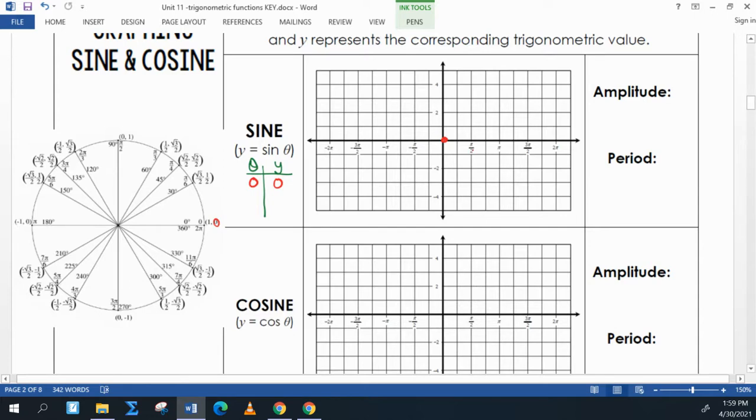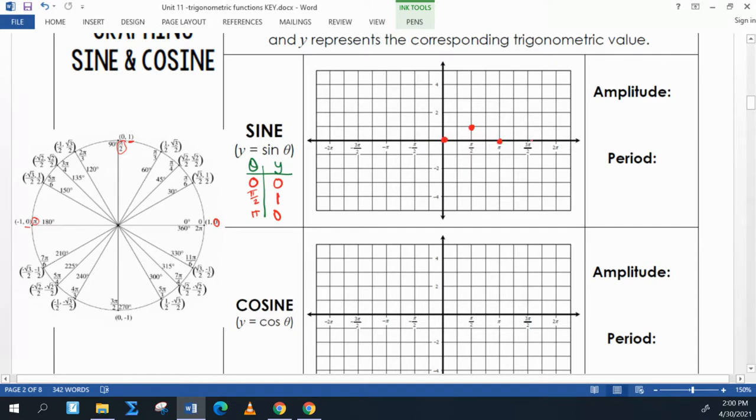The next theta they've got ready to graph is pi halves. When we look at pi halves on our unit circle, the y value is 1. So at pi halves, we're going to plot 1. At pi, our y value is 0, so we're back to 0.